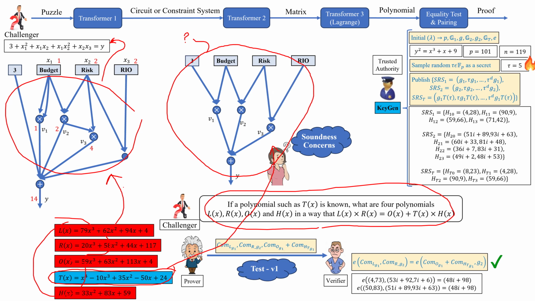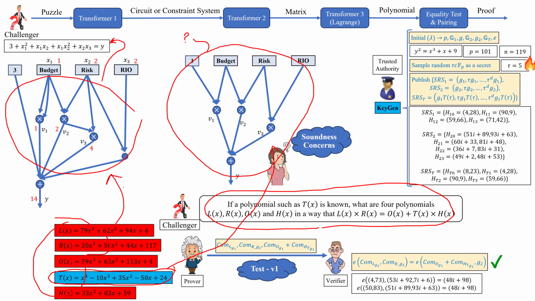That I really know the input, I really compute different gates of the circuit and then convert the intermediate values into the matrix and then convert the matrix into the polynomials.